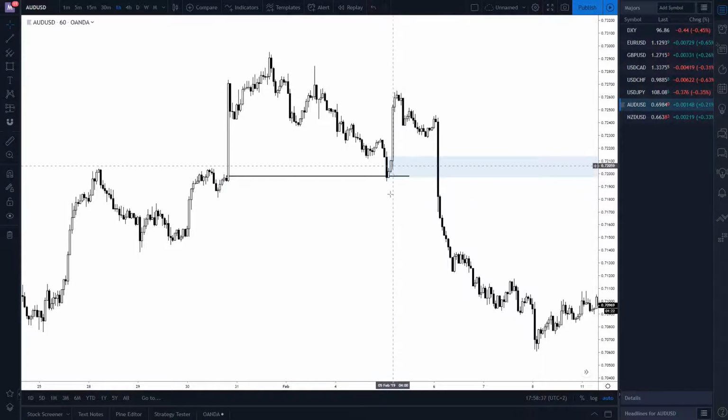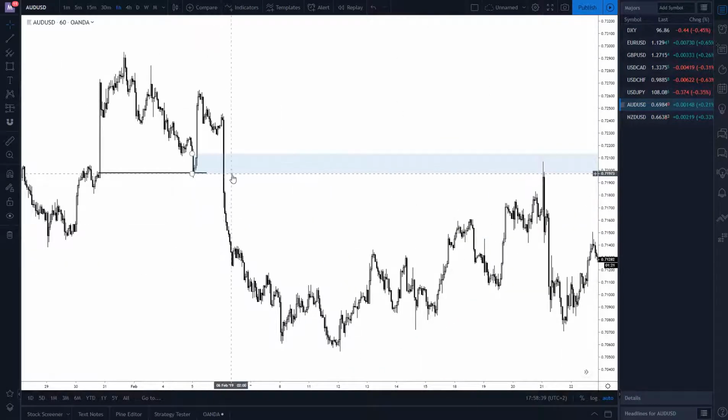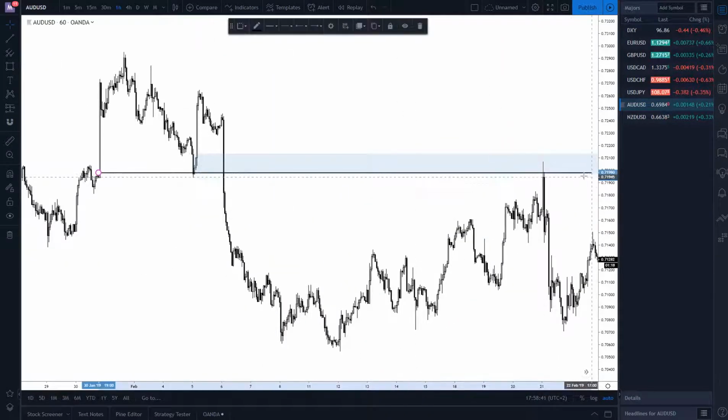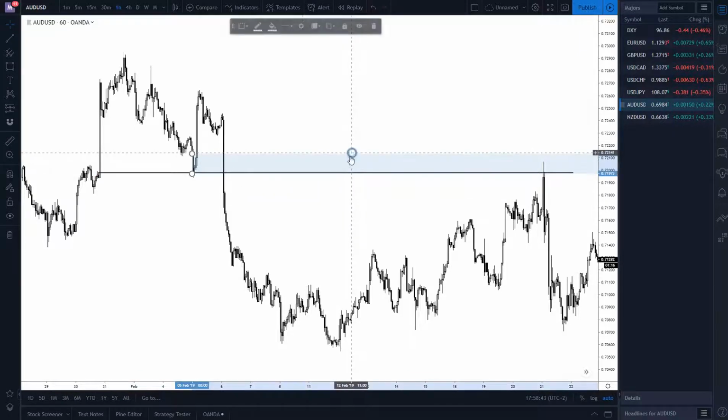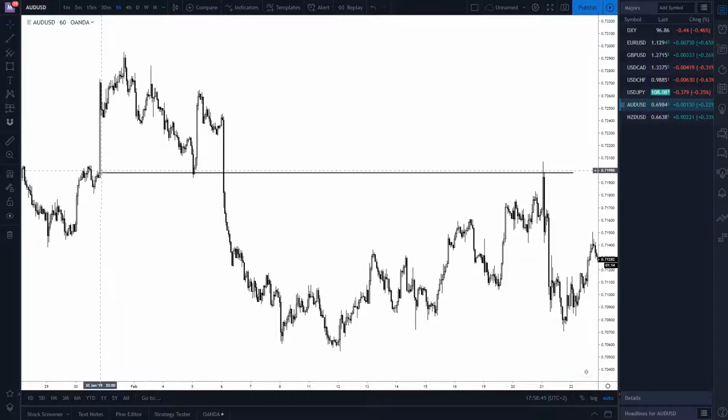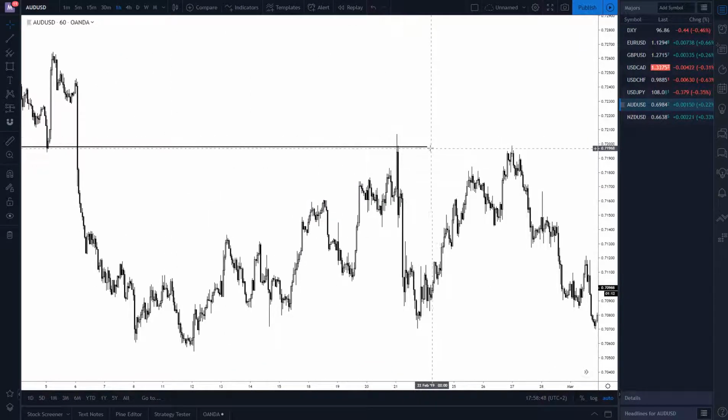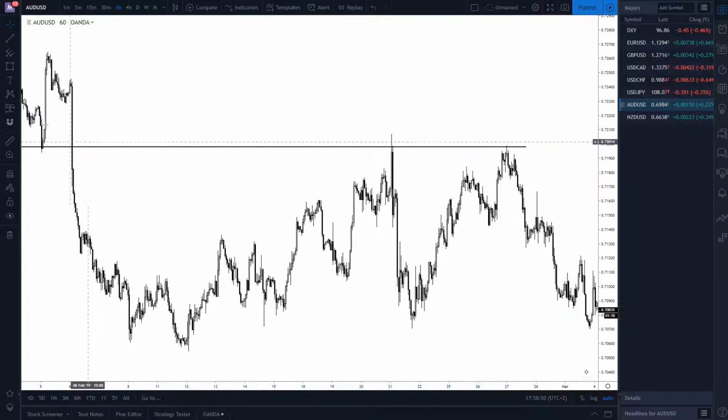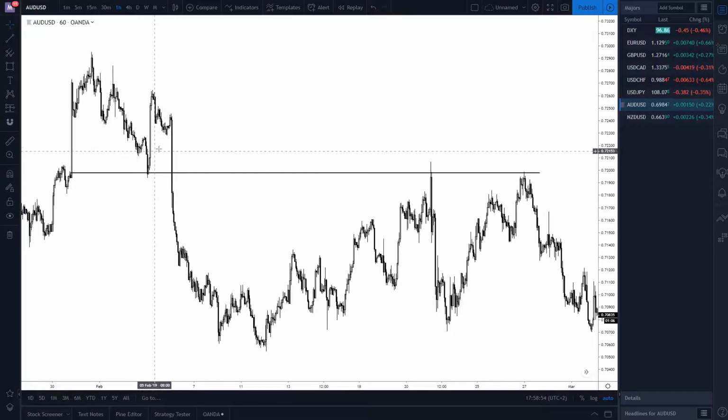So you could long this actually, and once we broke it, it is the same thing. Even if I'm not going to use this and I will use this broken demand, then nothing really changed. Just in this example, I use the body of this candle because it would give me a better sign of where I should put my stop loss.